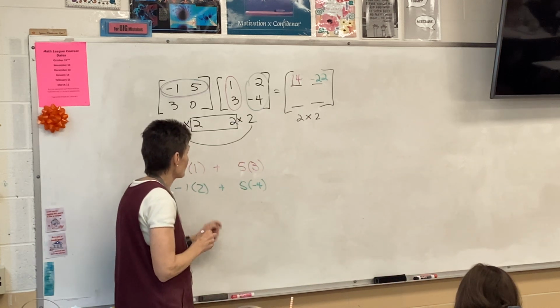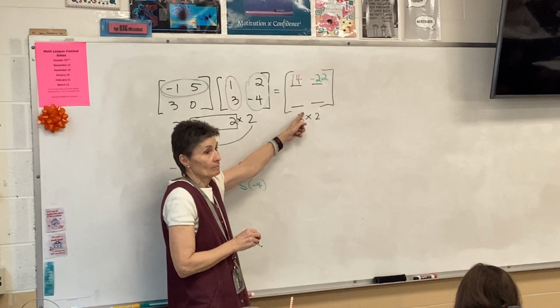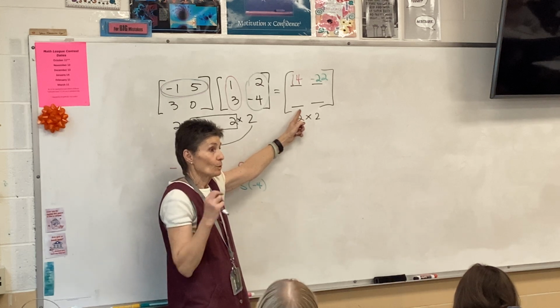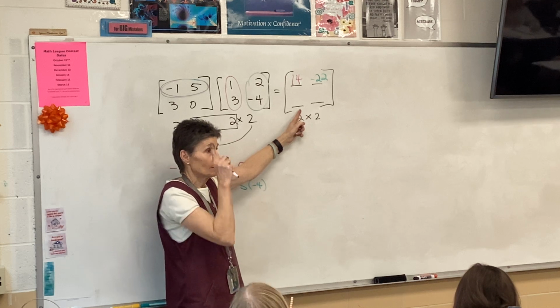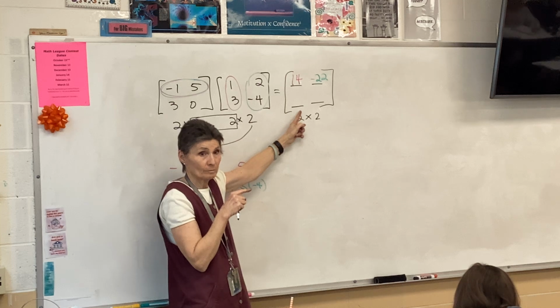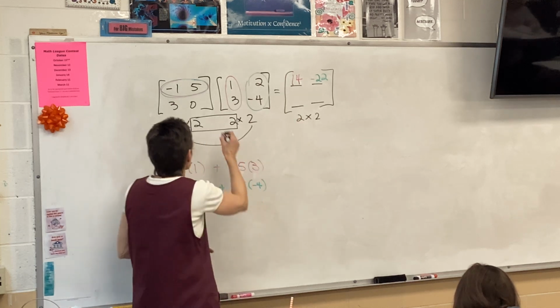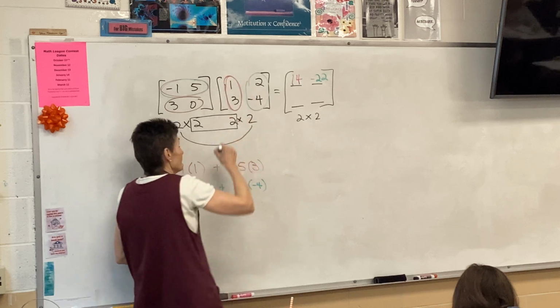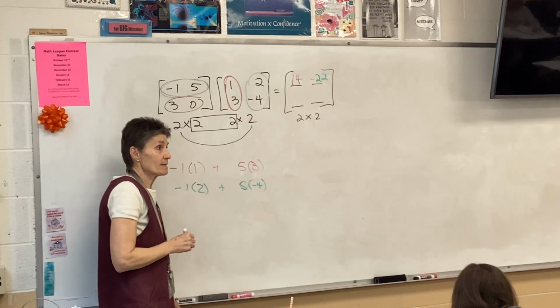All right, now I'm ready to move down here. Where am I? This is row 2, column 1. So here's row 2, here's column 1. Remember what I told you last time?